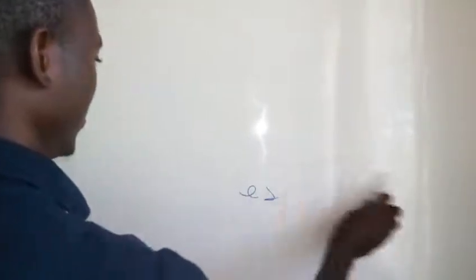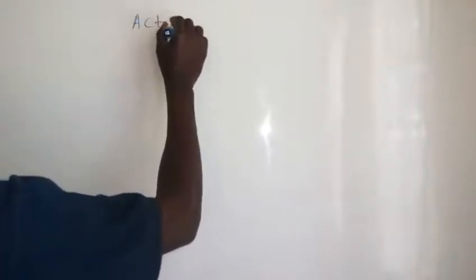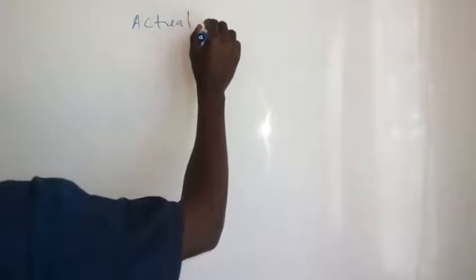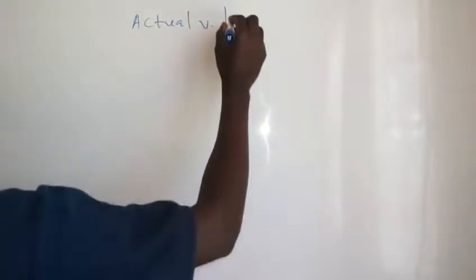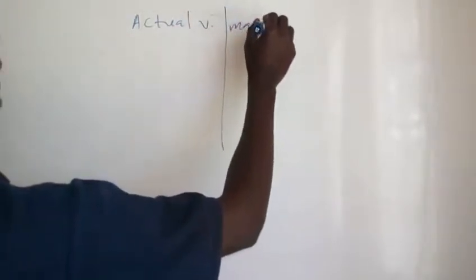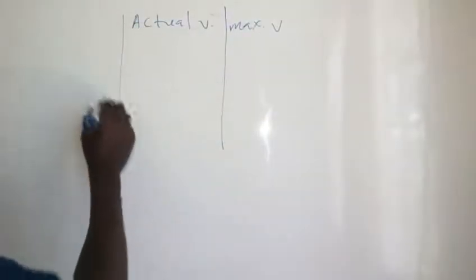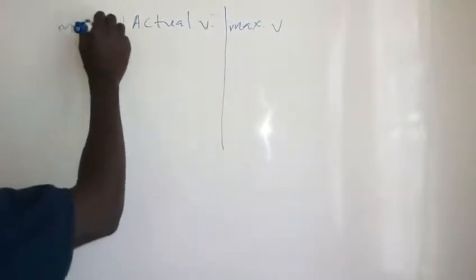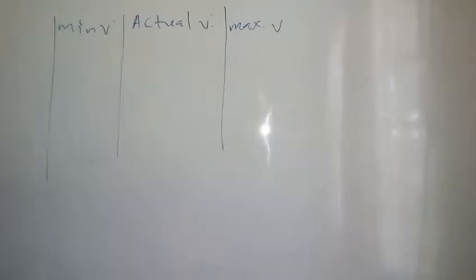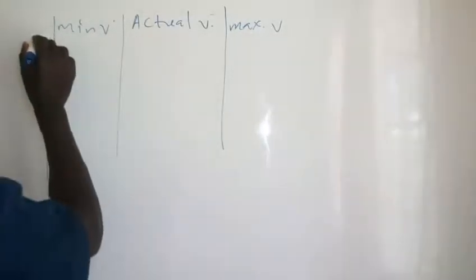In our table, we must have actual values, maximum values, and on this side a table having minimum values. So this is my table.